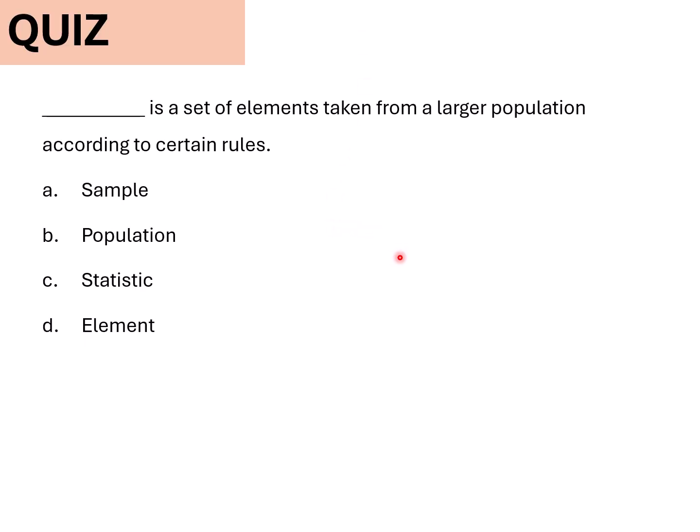So there is a short quiz just to practice what you have learned. Dash is a set of elements taken from a larger population according to certain rules. Is it a sample, population, statistic, or element? So sample is the correct answer.